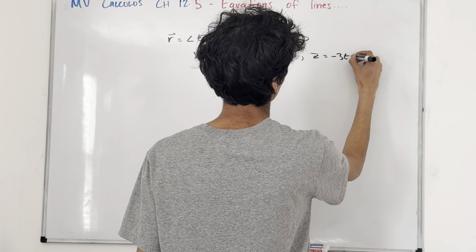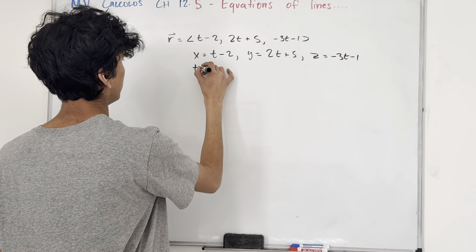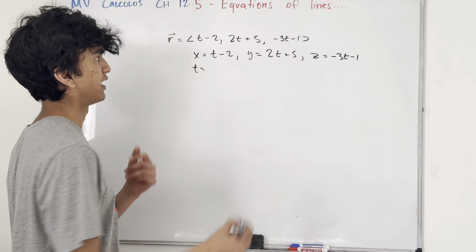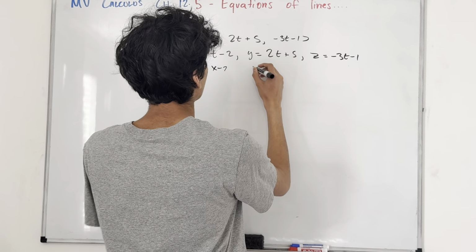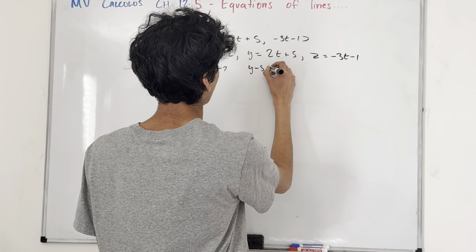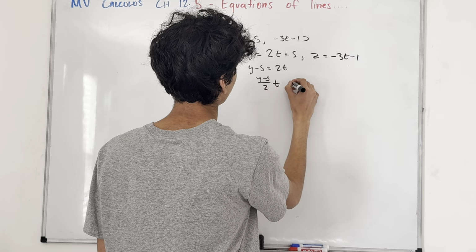But I can eliminate the parameter by saying, well, I know t, right? If I solve for t, I just get x minus 2, if I just add 2 on both sides. If I solve for t, I get y minus 5 equals 2t, or y minus 5 over 2 equals t.